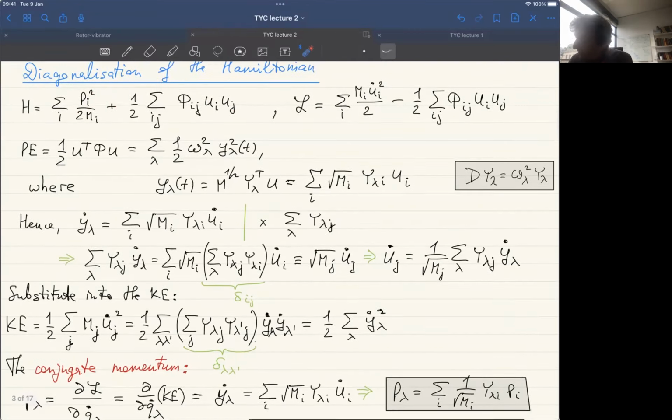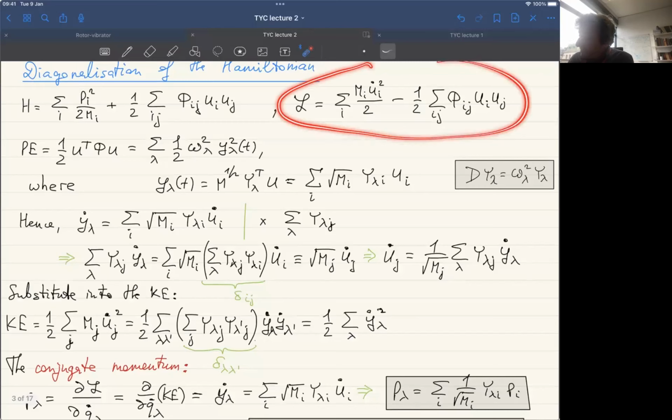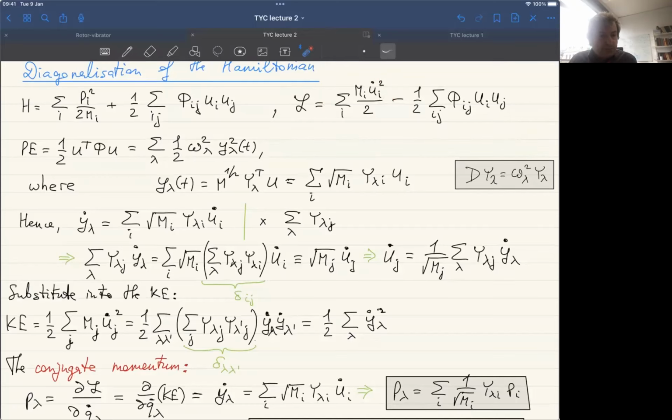The Lagrangian of the system is kinetic energy minus potential energy. Okay, and we will need both of these. We know from the lecture last week that the potential energy can be diagonalized and presented in that form where we sum over all normal modes, eigenvectors of the dynamical matrix. So this is the eigenvalue and eigenvector problem for the dynamical matrix.